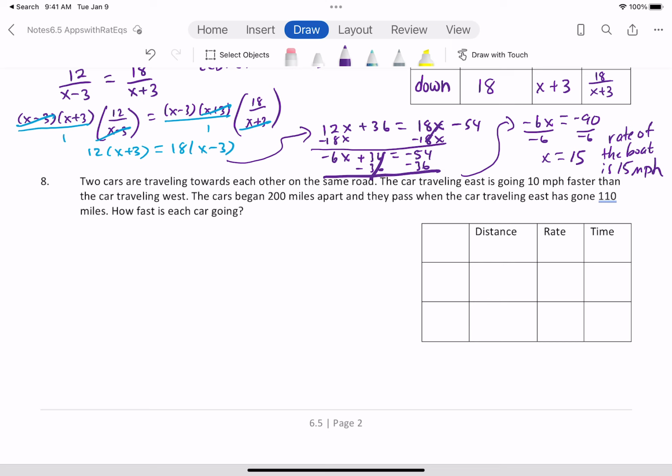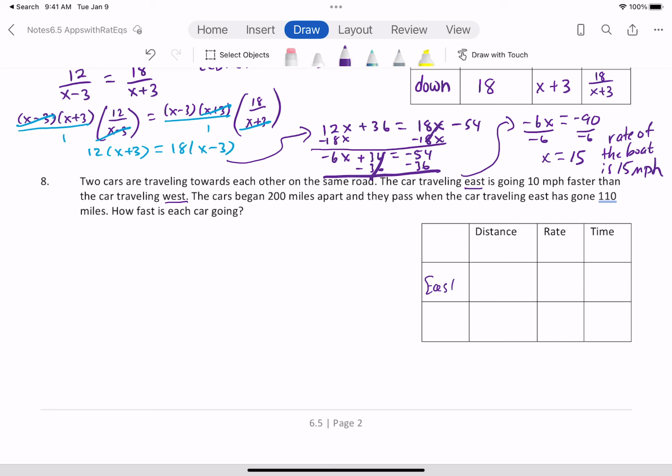Alright, last one of these. For this one, I have two cars that are traveling towards each other on the same road. The car traveling east is going 10 miles per hour faster than the car traveling west. So that's going to be my two situations.